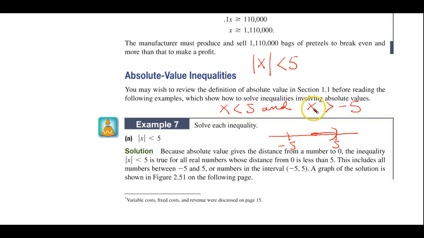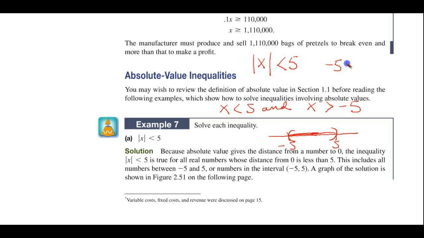And this one now, x is greater than negative 5, parenthesis going in this direction, and we fill it in like so. So there's the graph.